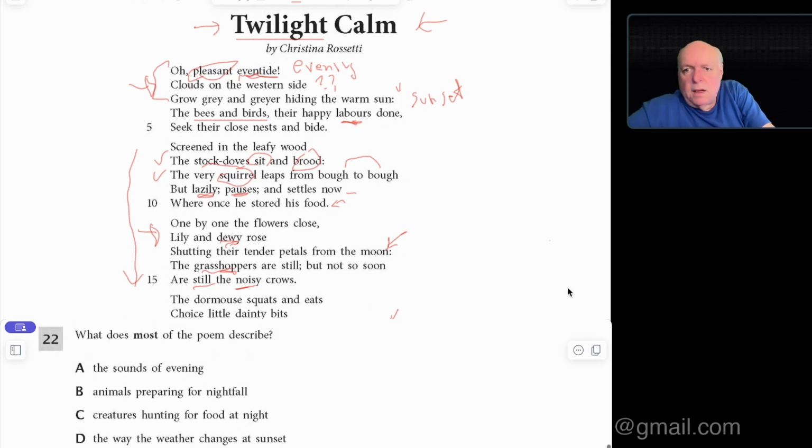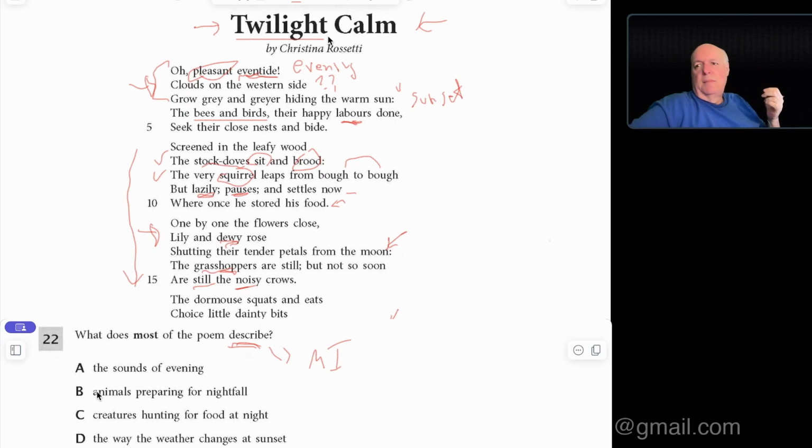So, what does most of the poem describe? I don't really like that the state is asking the question this way. I would prefer they ask what the main idea is. But we can still get there. Let's rip this apart and make sense of it. I just touched on what the main idea was.